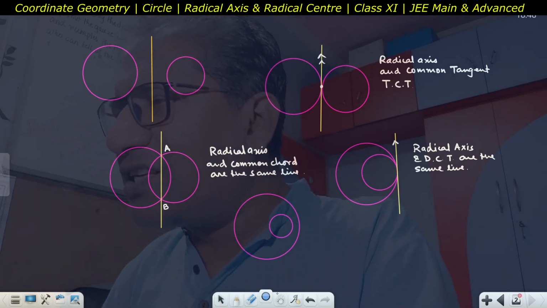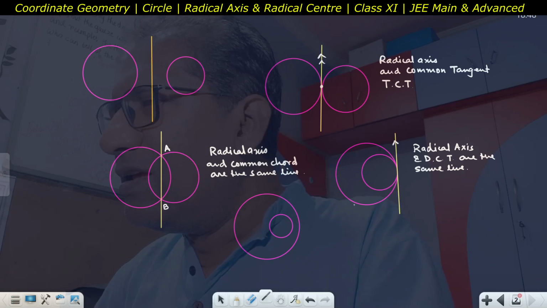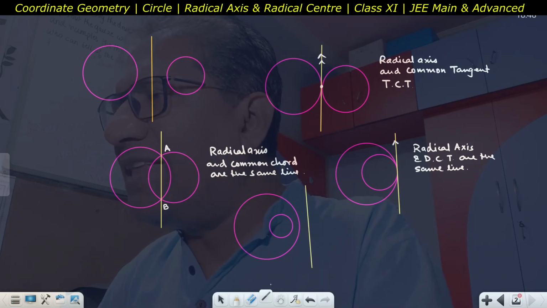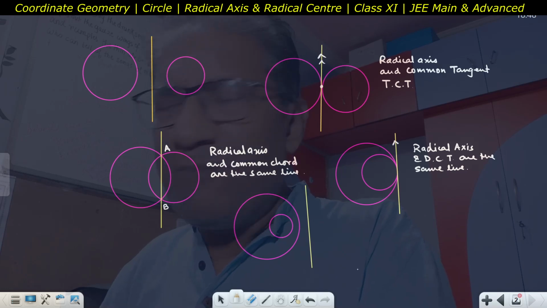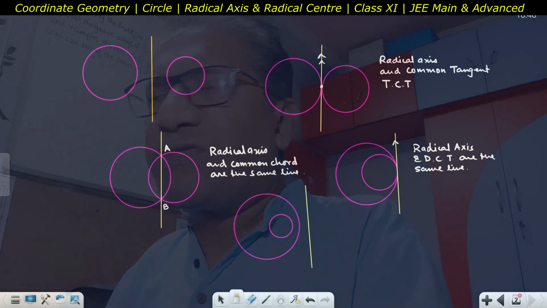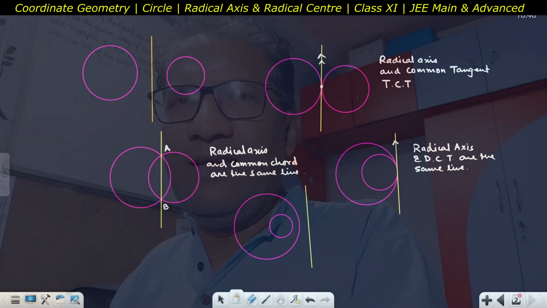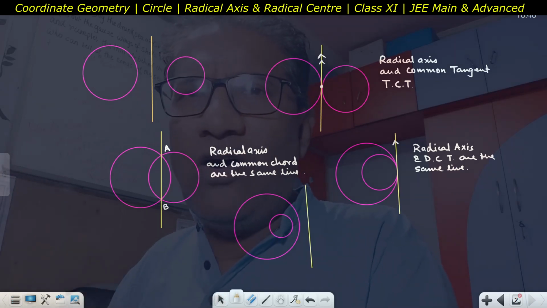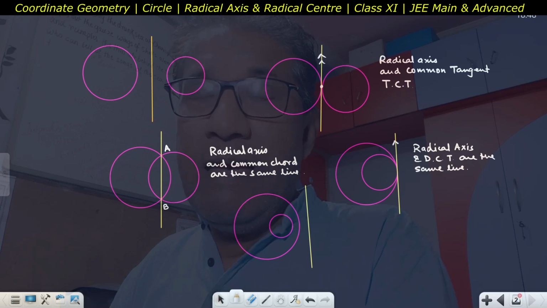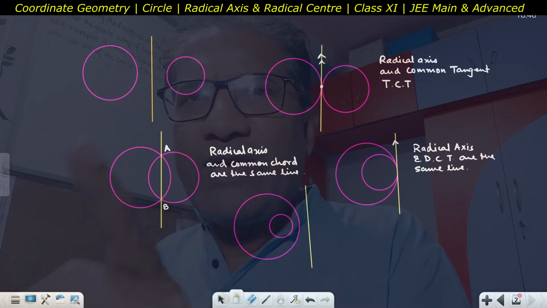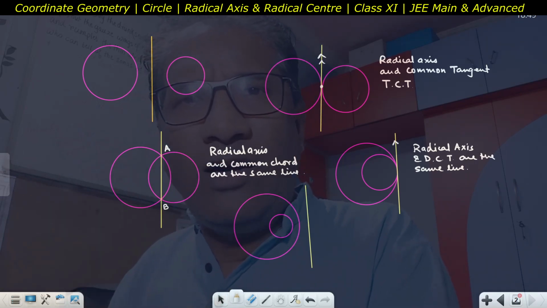The radical axis will be something like this. So we have seen in all those 5 cases, irrespective of the position of the circles, we can draw a radical axis. But when two circles intersect each other, in that case your radical axis becomes its common chord.